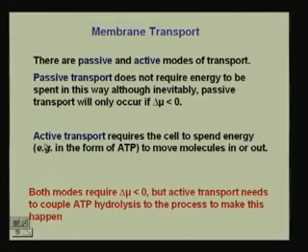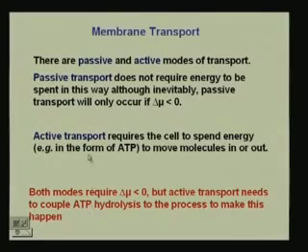When you have active transport, it means you are going against a gradient. If you are going against a gradient, you have to push your way through, and in pushing your way through, you have to expend energy. That energy comes from ATP hydrolysis. We will understand ATP hydrolysis and where this energy is all coming from when we do bioenergetics.